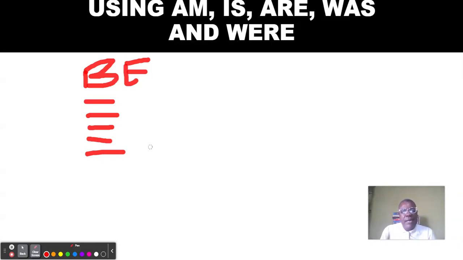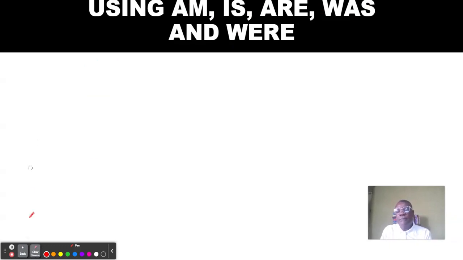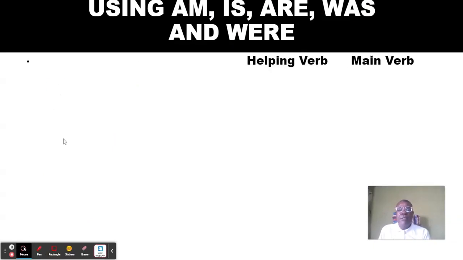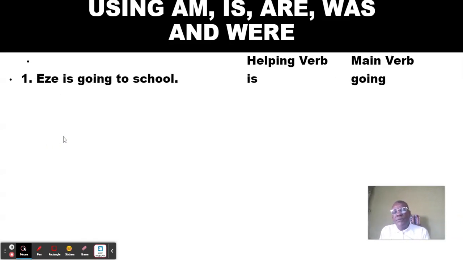Any verb that helps the main verb in a sentence is a helping verb, but today our focus is on the three primary helping verbs: be, do, and have. Now, all these are forms of be: am, is, are, was, and were. So let's begin to look at how we can use them as helping verbs.